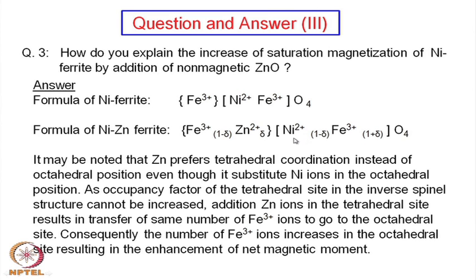Instead it comes to the tetrahedral side and it pushes some amount of iron to the octahedral side, and as a result the distribution is different, there is no 1:1 distribution here. So, you get an enhancement in the magnetic moment. Consequently the number of Fe3 plus ions increases in the octahedral side, resulting in the enhancement of the net magnetic moment. So, that is the answer to the question.